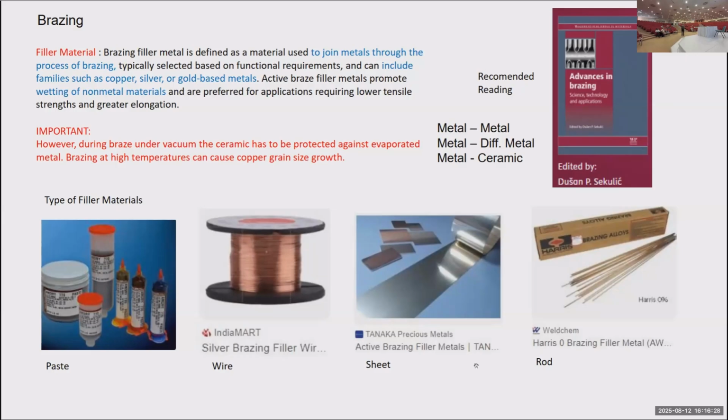And of course, it's valid for copper and other things. Brazing has one advantage. You can bond two different metals, but it's not always possible in welding. You cannot weld copper with aluminum, let's say, or other things.